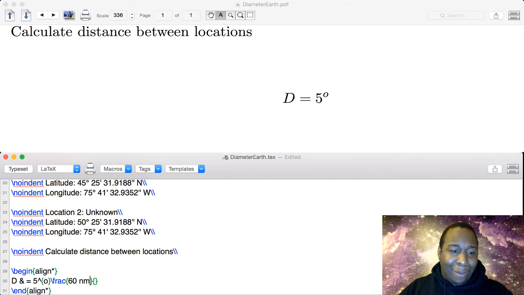I would think nanometers, but that's nautical miles per 1 degree. So that should give us the number of nautical miles. And we need to multiply this times 1.85 kilometers per nautical mile.